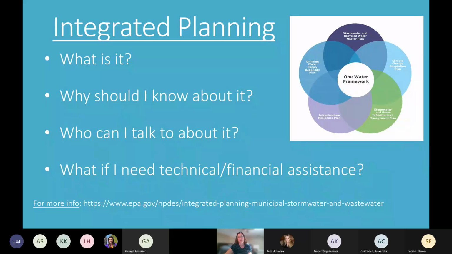We have two people from our EPA headquarters office: Robin DeYoung, our green infrastructure team lead, and Jamie Pizziali, our municipal ombudsman, which we were required to hire as part of the regulations that came out in 2019. The Clean Water Act was amended in 2019 to include integrated planning and green infrastructure. If you want to hear more about that and any technical or financial assistance that might be available, that's a good session for you.